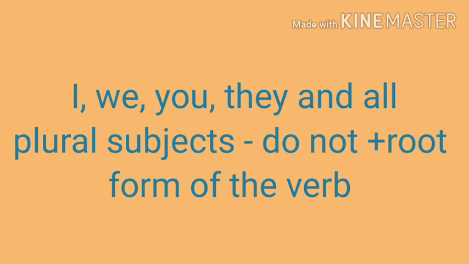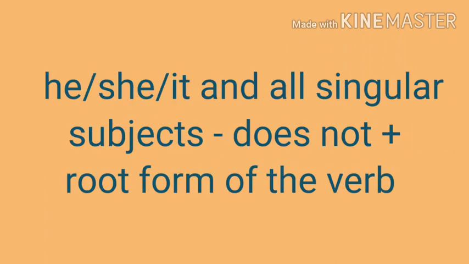Keep in mind that with the subjects I, we, you, they and all plural subjects, we use do not plus root form of the verb. And with he, she, it and all singular subjects, we use does not plus root form of the verb.